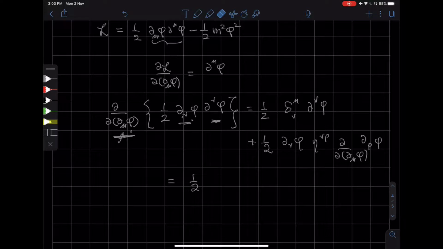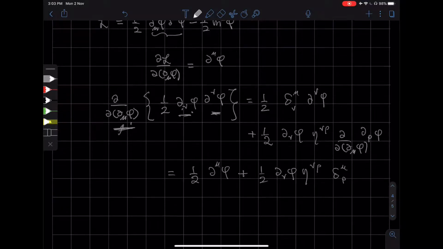Then the derivative becomes del mu of phi. And the second term is half del nu of phi. This remains. Then we have eta nu rho, and then we have delta rho mu.